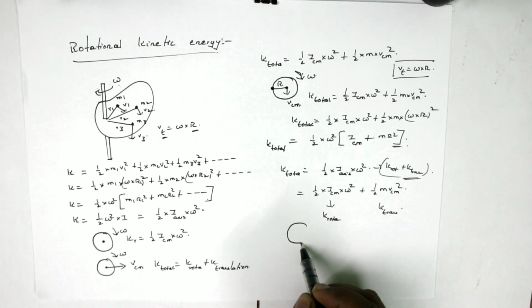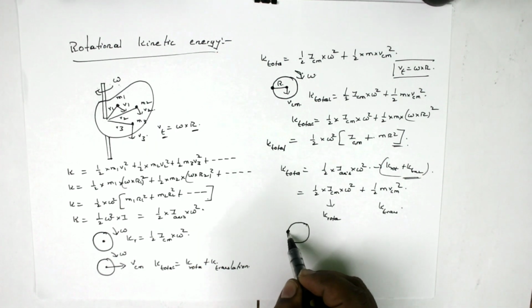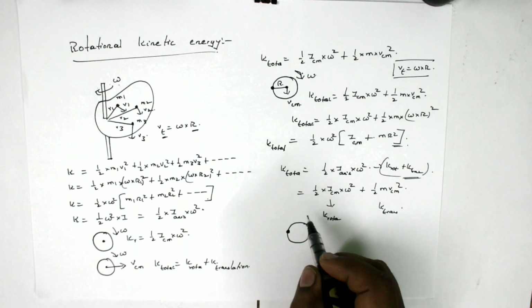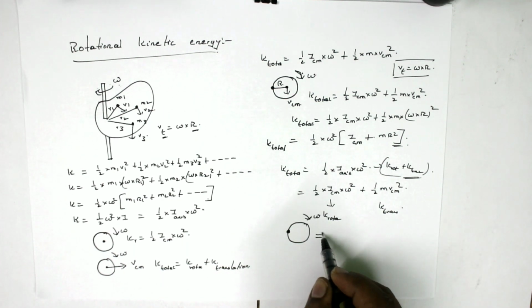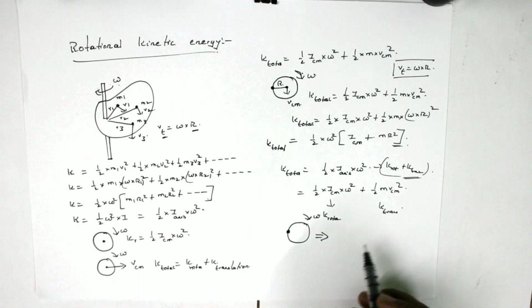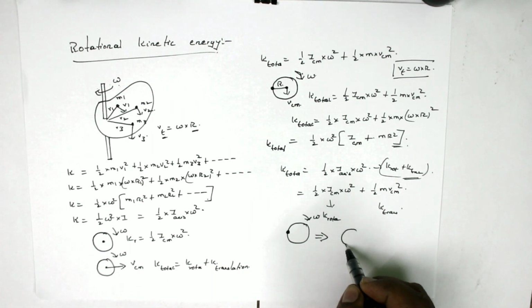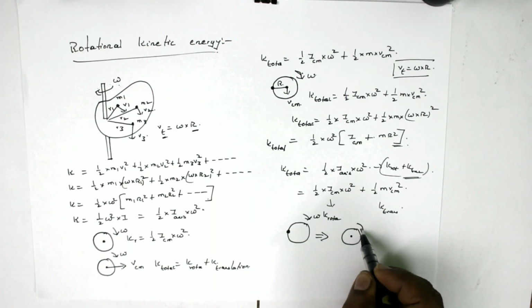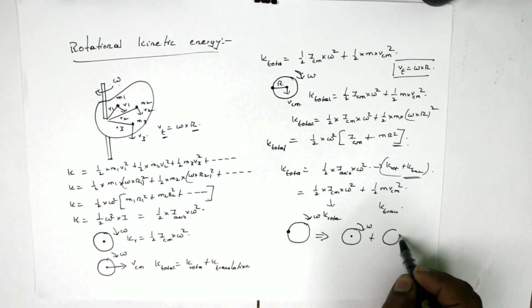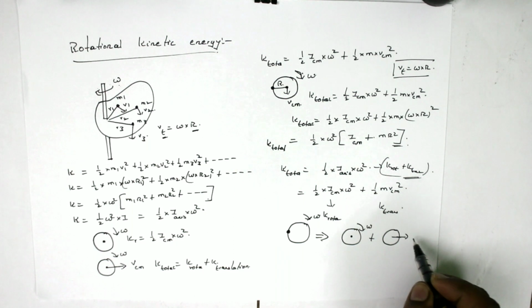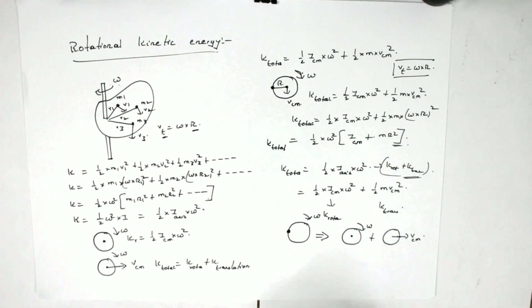This motion, which is rotating around this axis with an angular velocity of omega, can be split into two types of motion. One is the motion around the center of mass with an angular velocity of omega, and the other is the disk traveling translationally with a velocity of v center of mass.